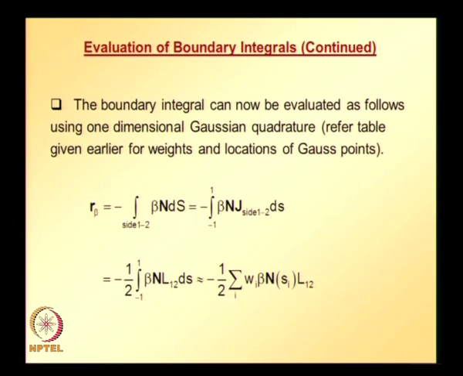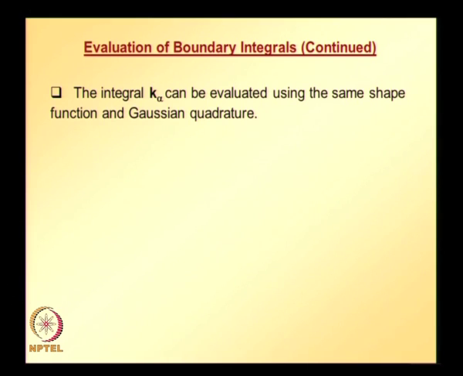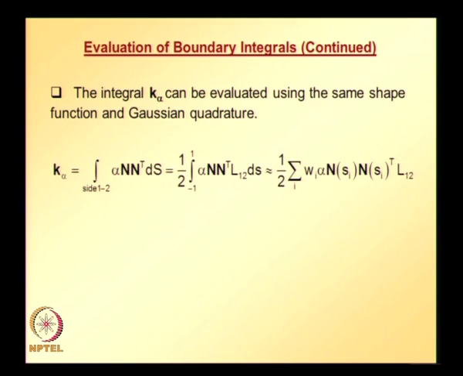Similarly, since k alpha is also a line integral or boundary integral, we can evaluate k alpha in a similar manner, using the same shape function and Gaussian quadrature. The procedure is the same if a natural boundary condition is specified along any other edges or sides.